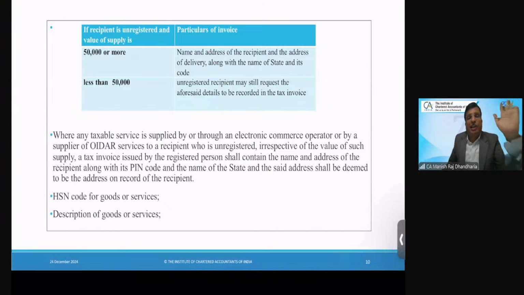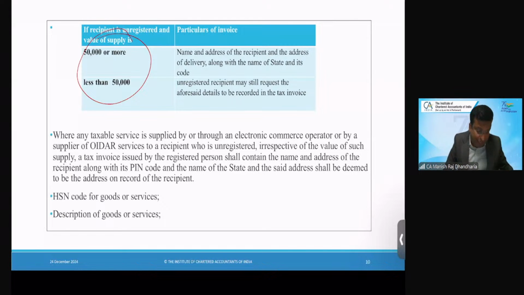If recipient is unregistered, I'm discussing this, and value of supply is 50,000 or more, then you have to mention the name, address of the recipient and address of delivery along with the state and pin code. अगर 50,000 से ज्यादा का वैल्यू है, you have to mention all these details.